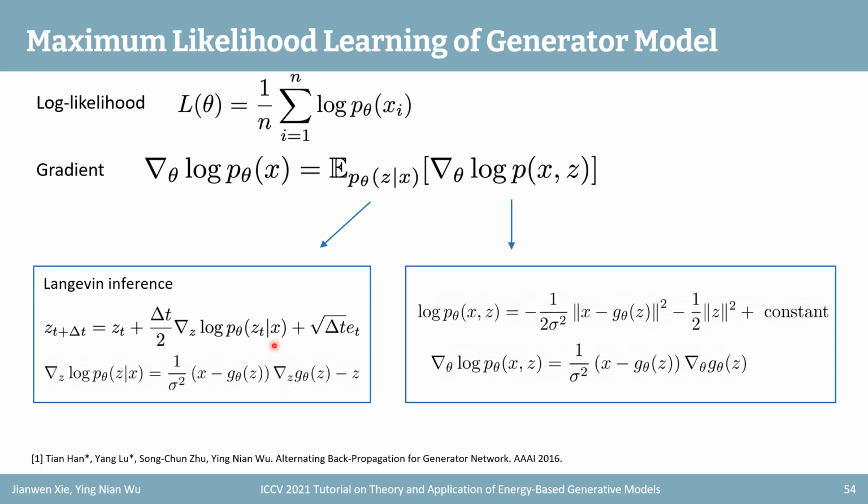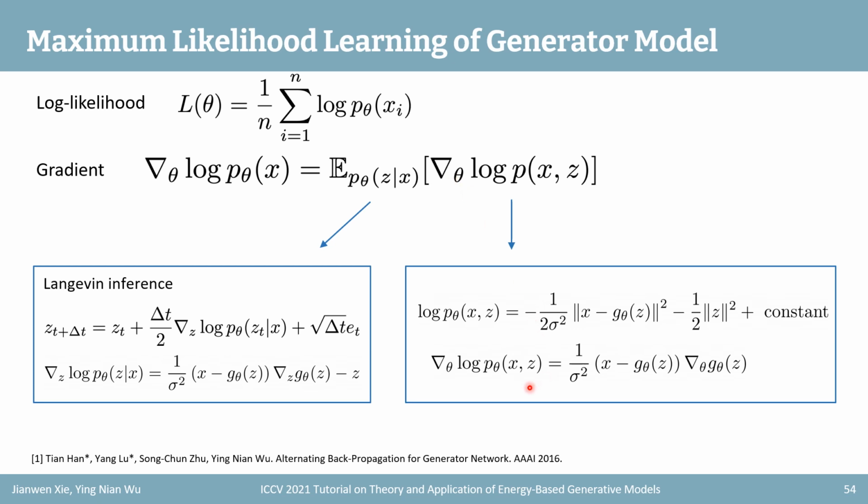So you compute the gradient of the log joint density with respect to z in the Langevin sampling for inferring z. After you infer z, you can just plug in the inferred z and then compute the gradient of this log joint density with respect to theta for learning. So that's how you update the parameters.